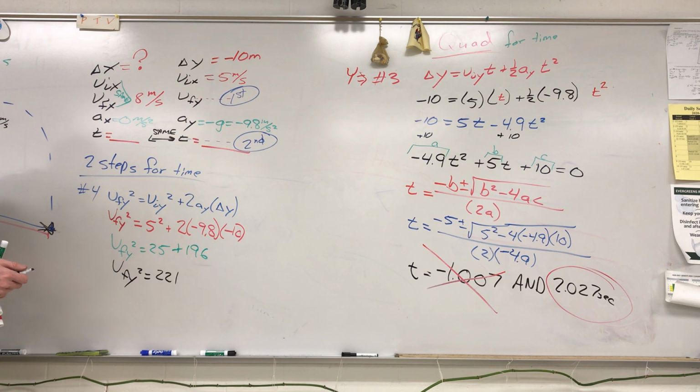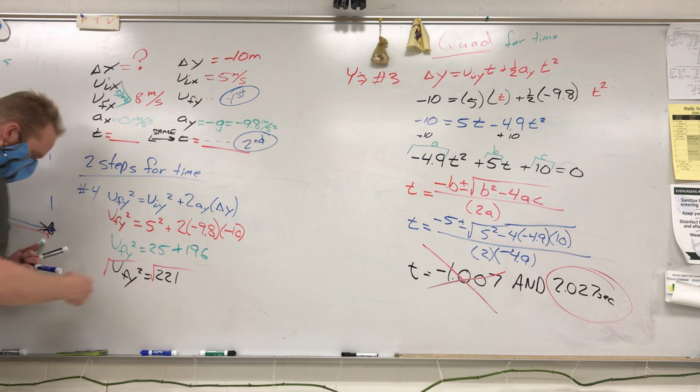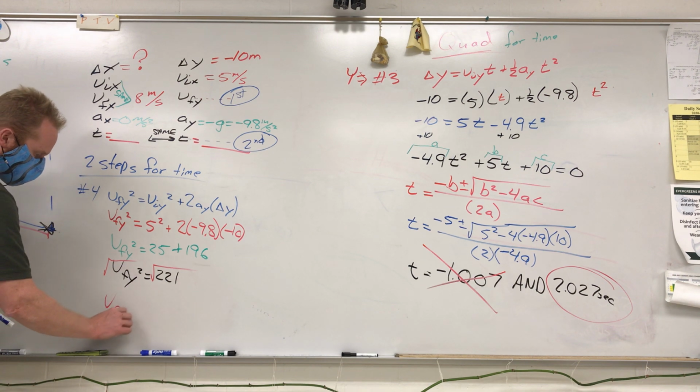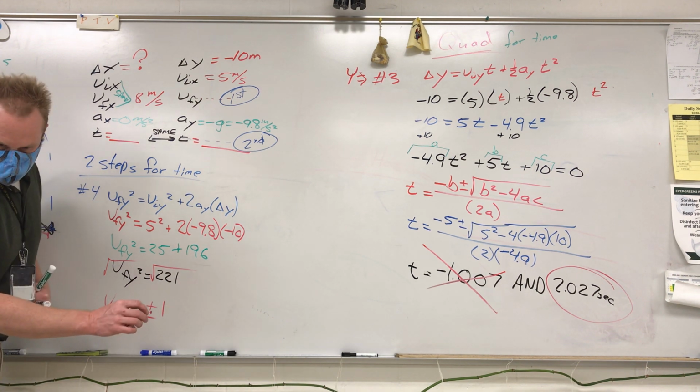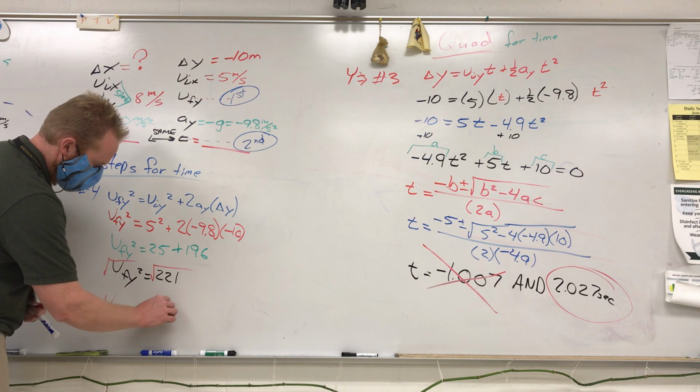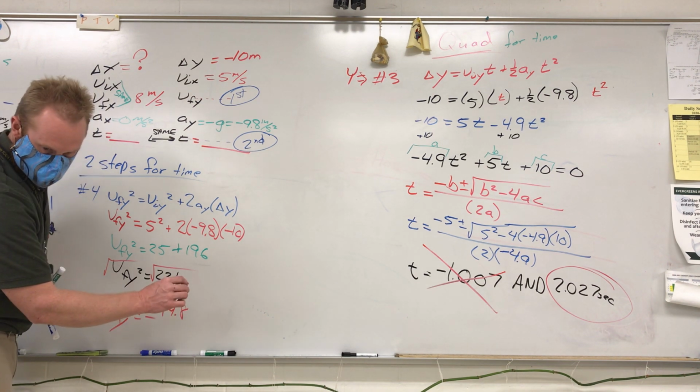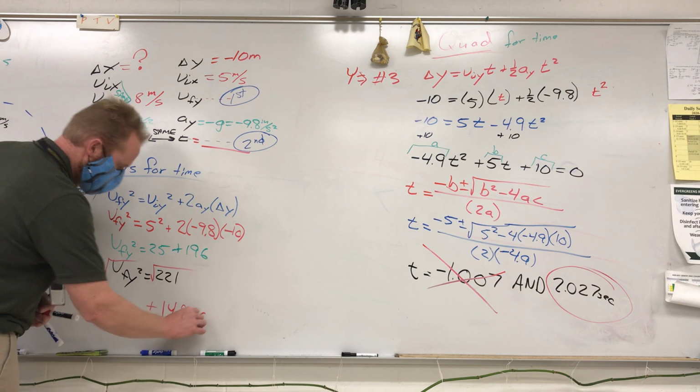Which is like 17? What's the square root? 14. Yes, 14 point something. Okay, so that's 221. So then we need to take the square root. And remember that when we take the square root of any number, it's plus or minus 14.866.